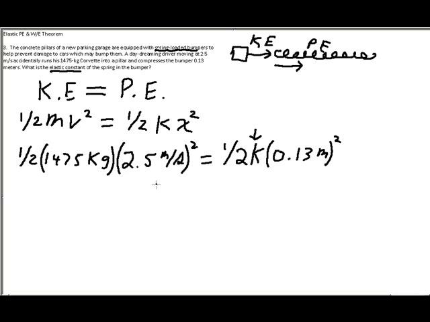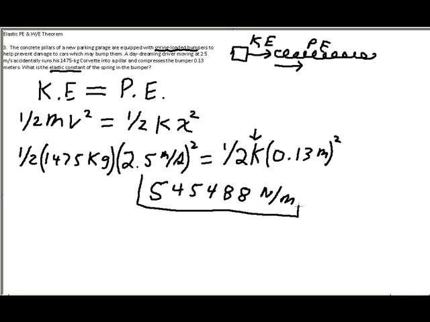And the answer becomes 54,88, and the units on that would be newtons per meter. That's going to be the spring constant for the bumper.